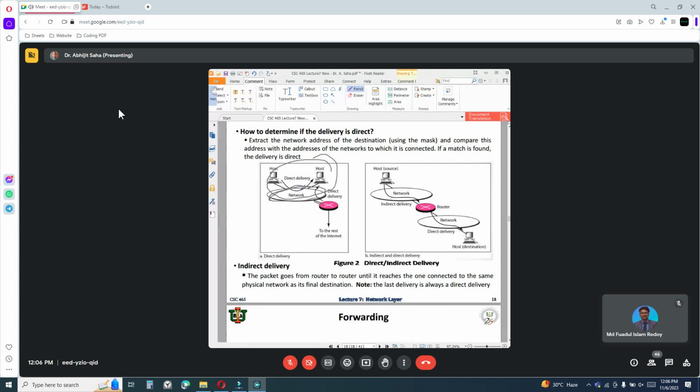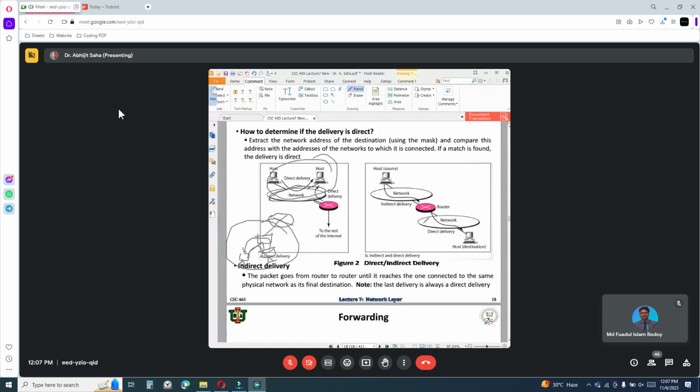In the networking lab, we have seen that under the router there is a switch, and from the switch we have two computers. When these two computers communicate with each other, sending packets to each other, that is what we call direct delivery.